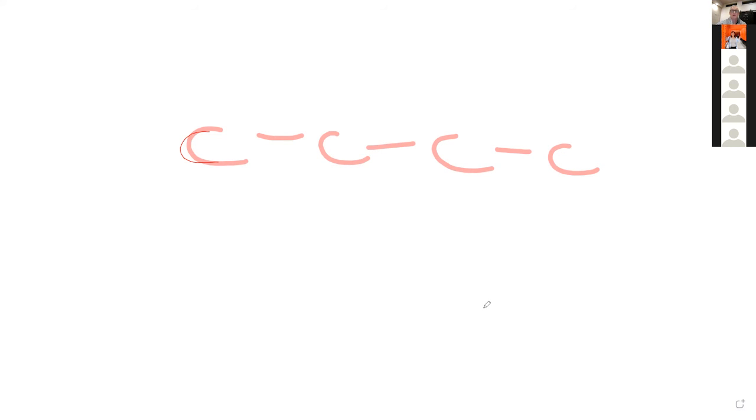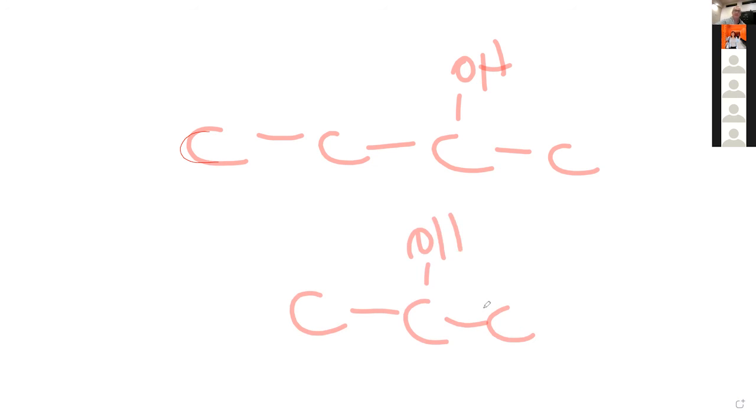No, that's not an alcohol. Right, butanol. I was trying to figure out why it's secondary. Because the carbon attached to it is attached to 2 other carbons. That's it. And the isopropyl is basically the same thing: the hydroxyl group's attached to a carbon attached to two other carbons.